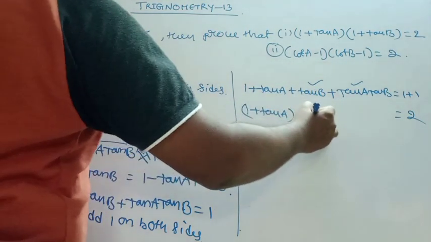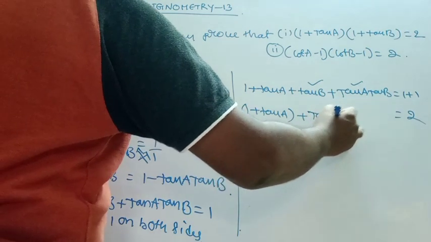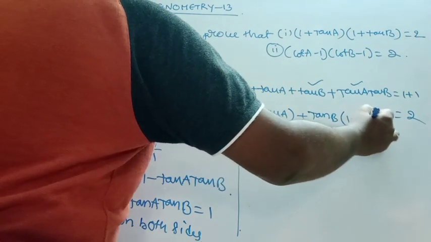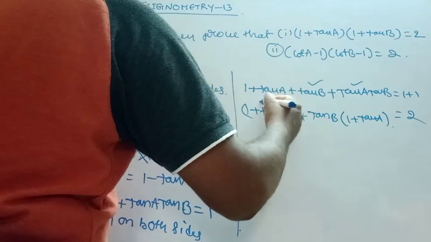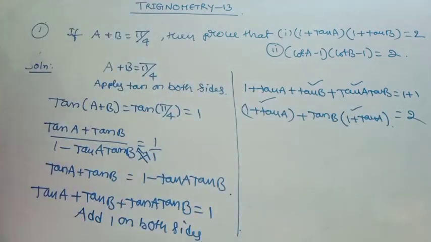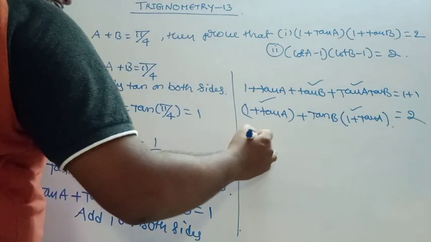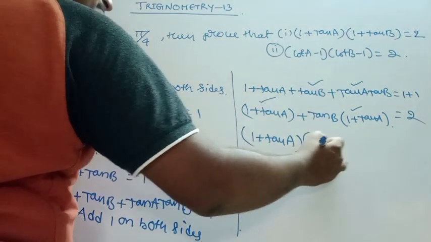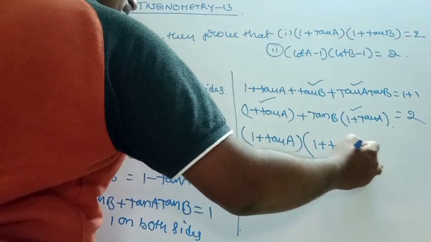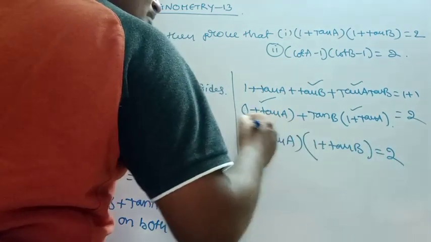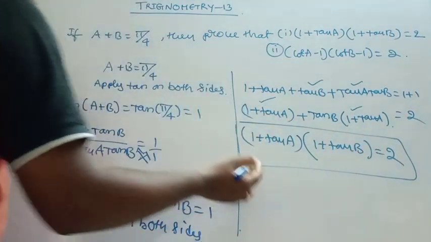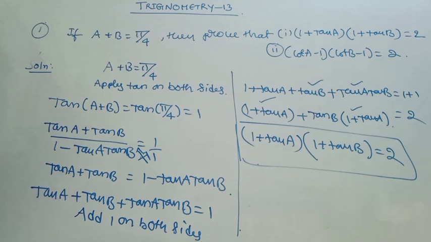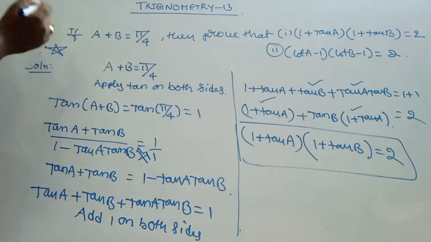If you take tan b common, this is now 1 plus tan a, equal to 2. Now 1 plus tan a is common in both terms. If you take it common, that becomes 1 plus tan b, equal to 2. So (1 plus tan a) into (1 plus tan b) is equal to 2. See how beautifully we have got this problem. It's a very important star-marked problem, such that every student should know this.